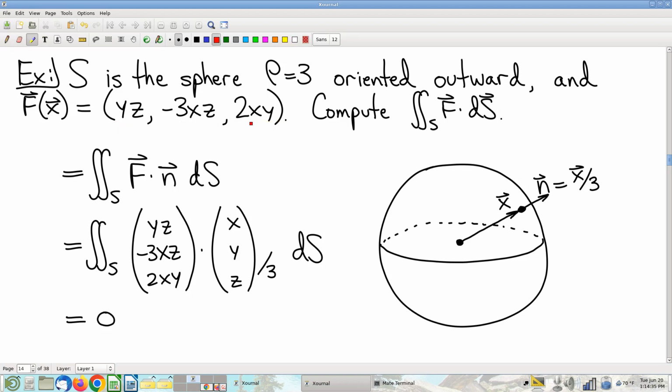And in this case, we get lucky. So the lucky observation to make here is that because this is a sphere, spheres centered at the origin have this wonderful feature that the position vector and the normal vector are always parallel. They point in the same direction.